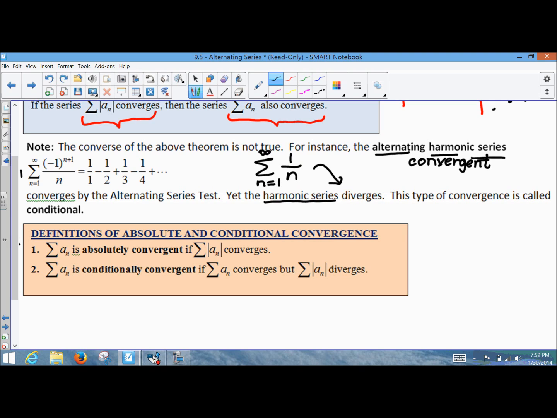So hold on a second. This particular series with this alternating component converges. But yet take away the alternating component and you have a series that diverges. Well, that is exactly what conditional convergence is all about.